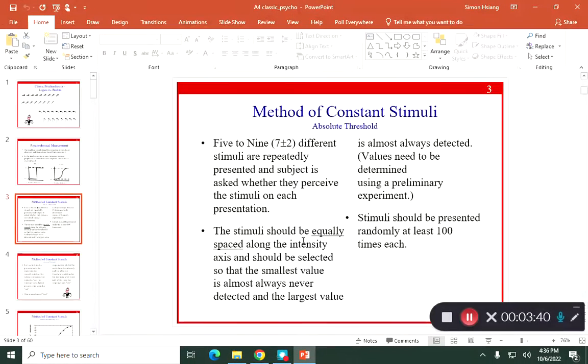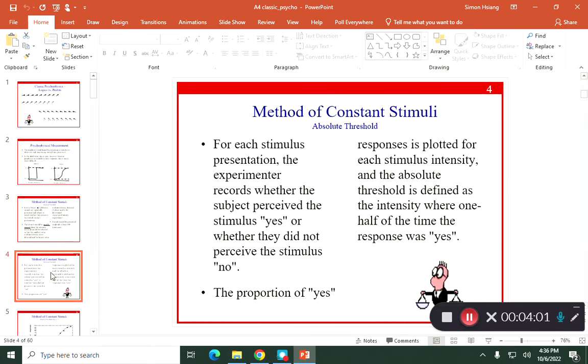They should be equally spaced, gradually along the intensity axis, selected so that the smallest value is almost never detected and the largest value is almost always detected, but somewhere in between you need to come up with a score.